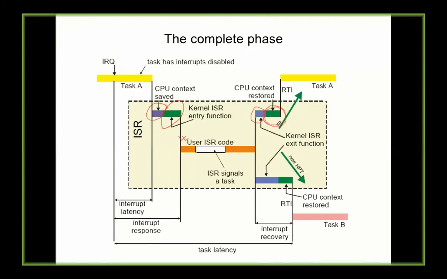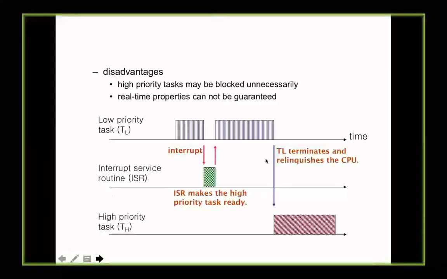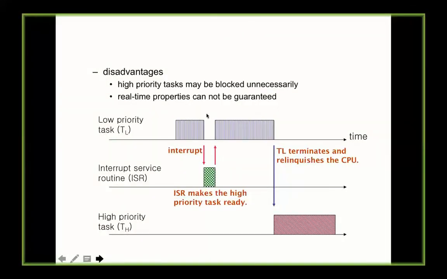Now this is true for non-preemptive, because in non-preemptive, I will go back here to say that if you have a task running, this is a non-preemptive kernel, right? So as you can see, a low priority task is running over here. The interrupt has arrived. The interrupt has made a new task ready, but it is not running.